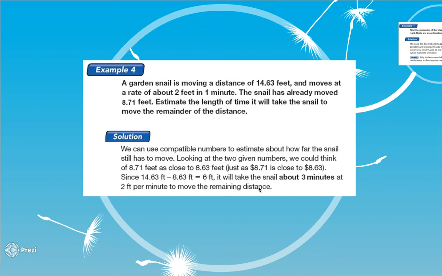So it'll take the snail about 3 minutes to move the remaining distance, because if we have 6 feet left to go, and it takes 2 feet for 1 minute, 6 divided by 2 is 3, so it's going to take about 3 minutes for the little snail to cover the remaining distance.